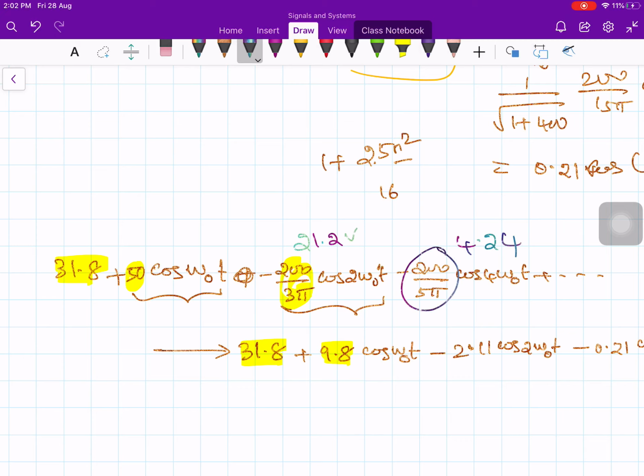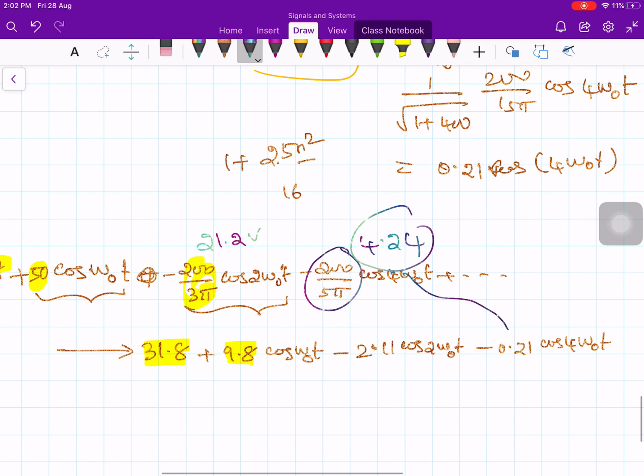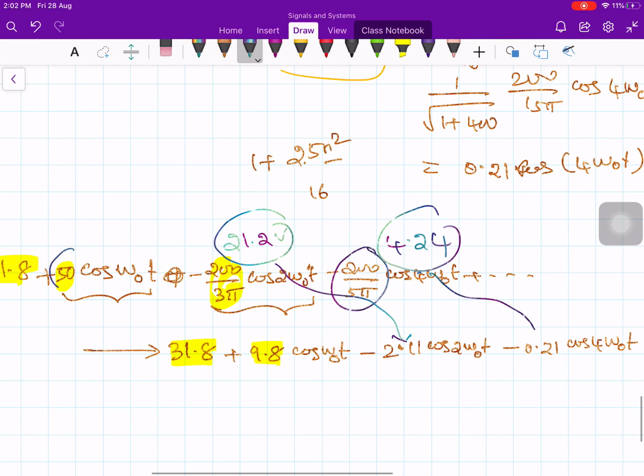The input is 4.24 volts, but the output is 0.21 volts. Here the input is 21.2 volts, but in the output you have only 2 volts. And here the input is 50 volts, and 50 volts becomes 9.8 volts. Therefore, for higher frequencies it is reducing significantly.